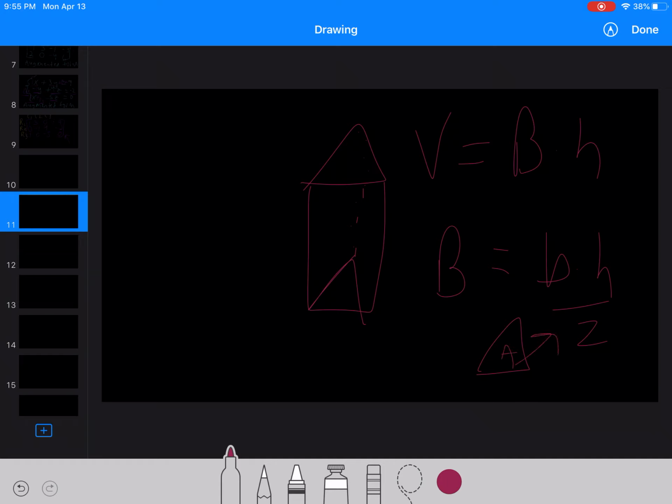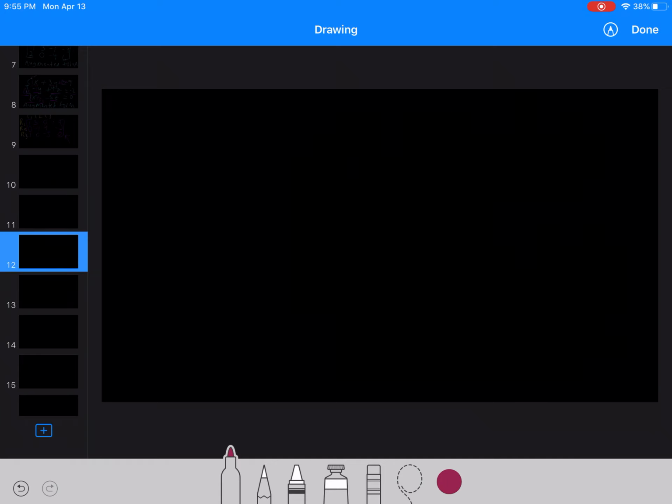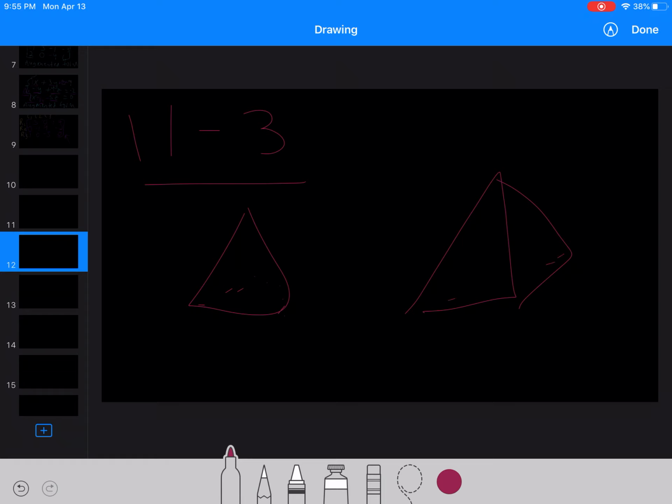Okay. So then we looked at 11.3, which had to do with cones and pyramids. So we had some cones and some different types of pyramids. Number 2 is a rectangular base pyramid.